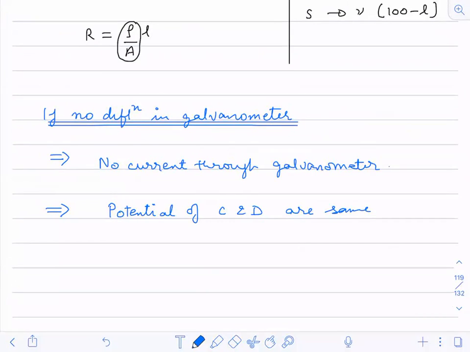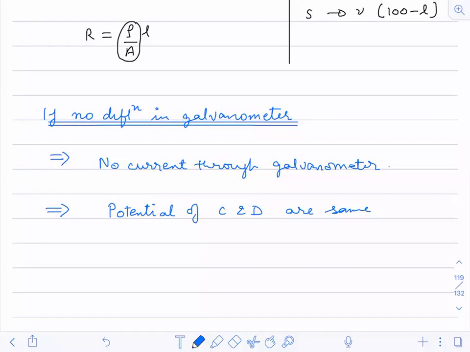Then the potentials of points C and D are same. Understood?